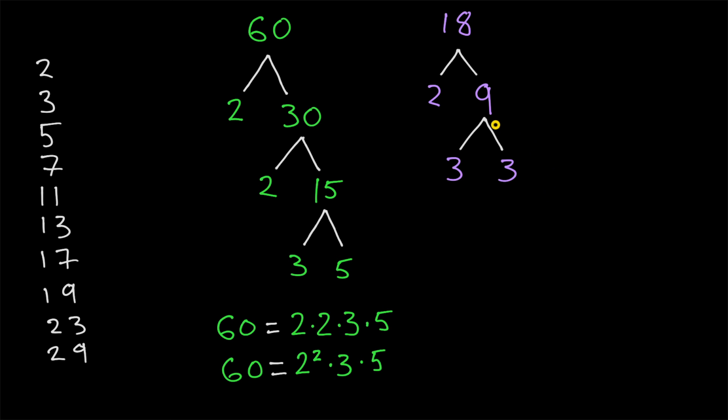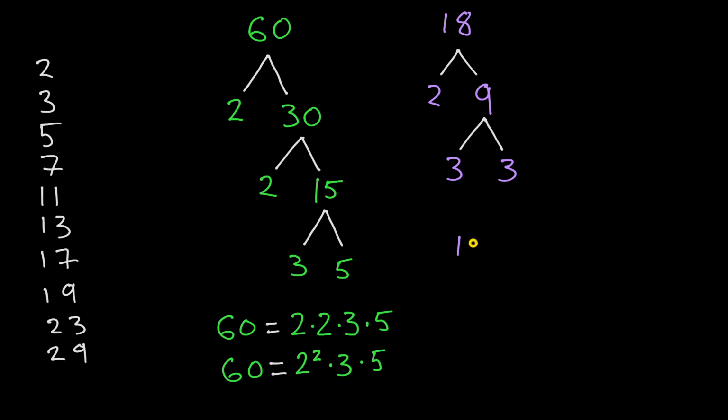Is this a prime factorization of 18? Well, let's have a look. 2 is a prime number. 3 is a prime number. And 3, again, is a prime number. So this is a prime factorization of 18.